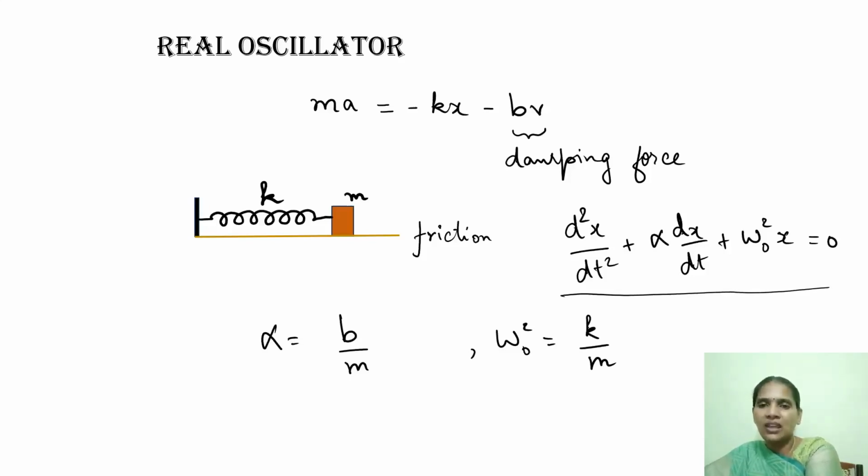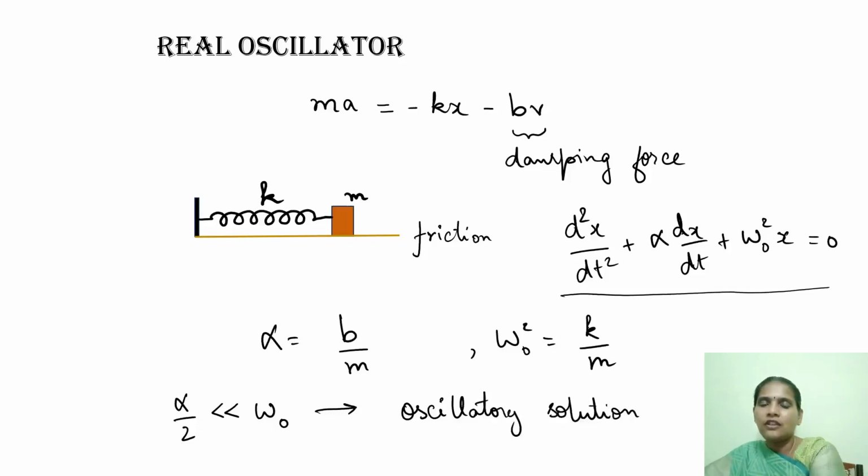categorized into three categories. If alpha by 2 is very much less than omega naught, we get oscillatory solution. If alpha by 2 is equal to omega naught, it results in critical damping.